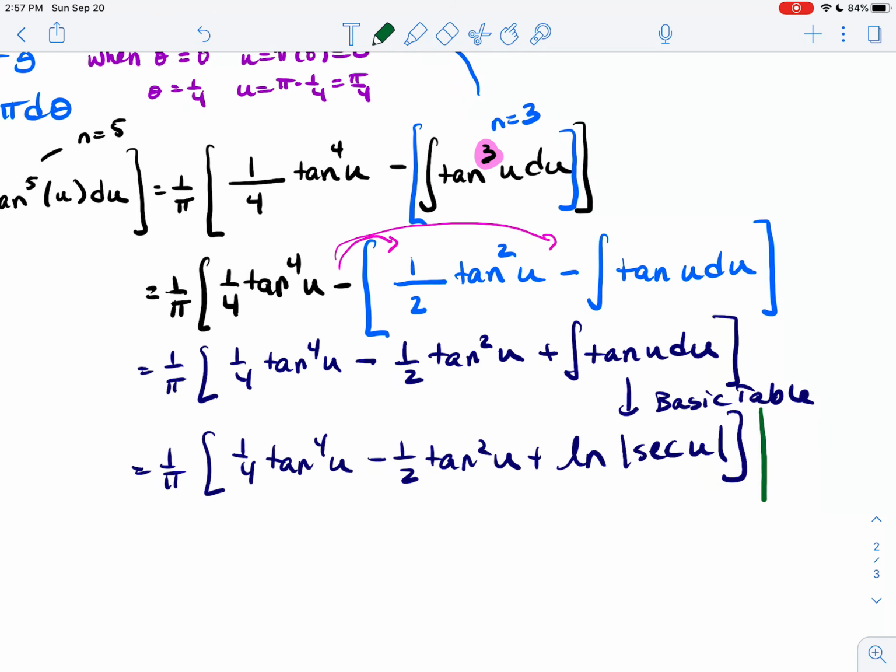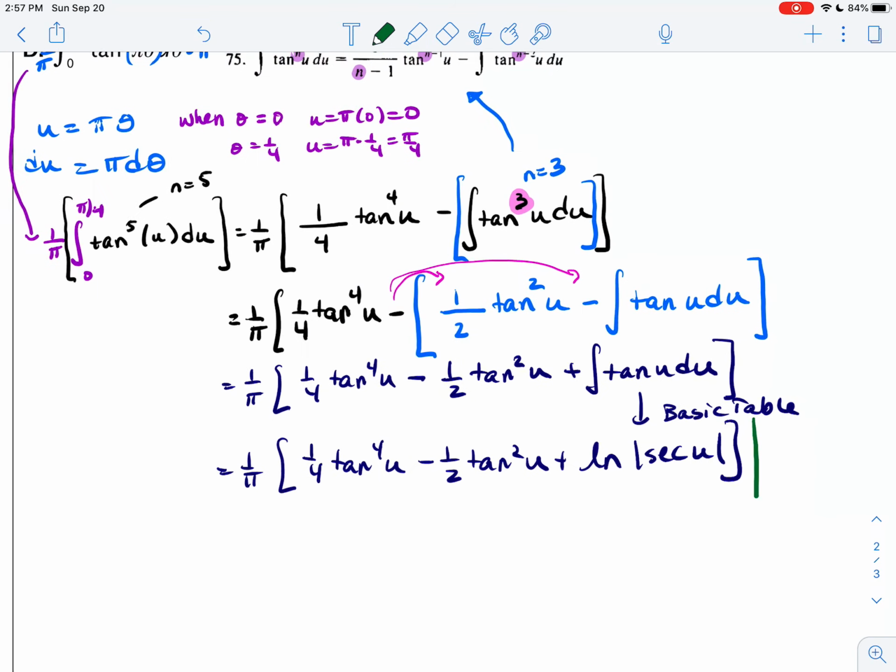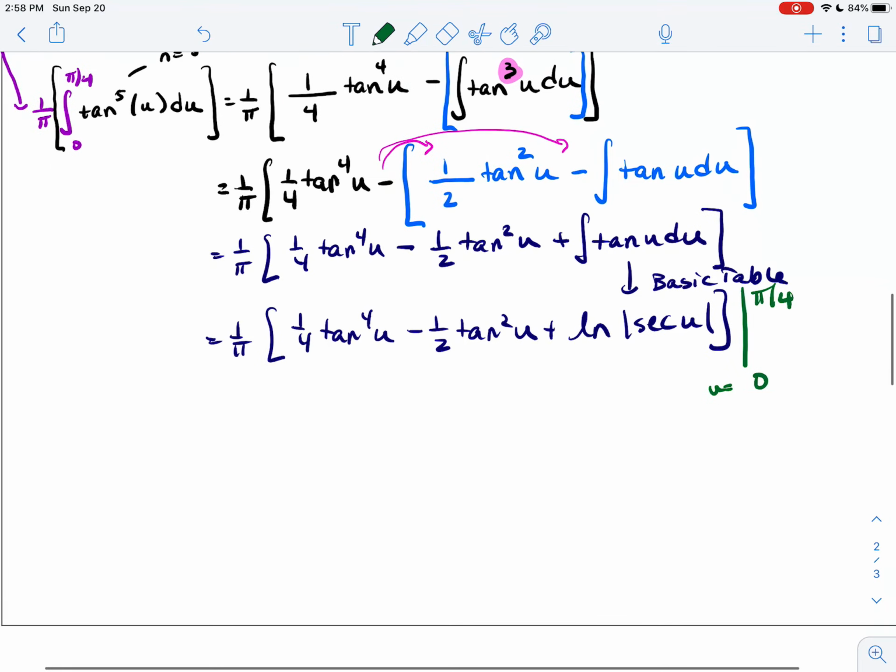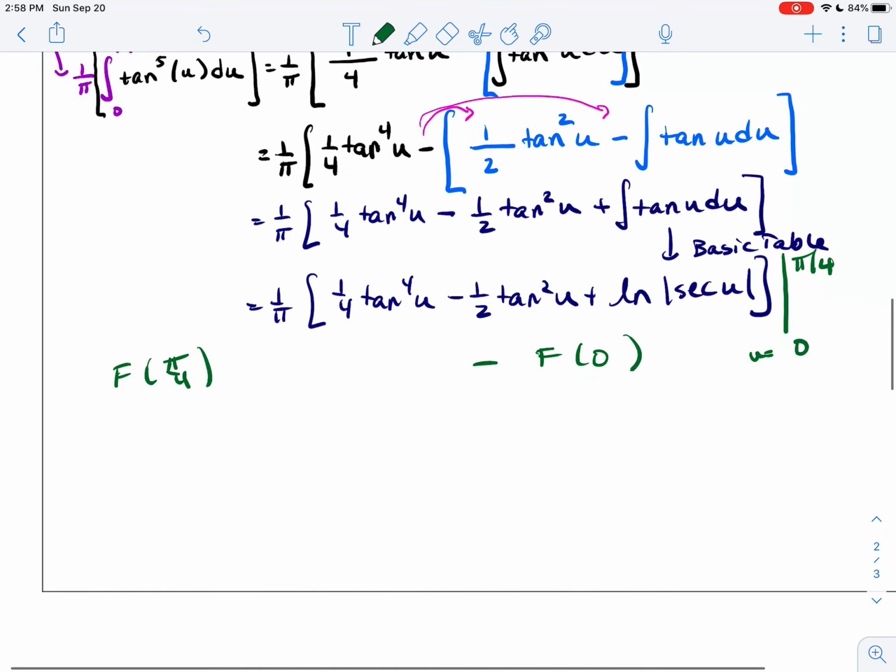Good. And now we get to evaluate using our fundamental theorem of calculus. We don't need to back substitute for u because we changed our limits of integration to be in terms of u. And so we can do our f of pi over 4, take away our f of 0. Remember that tangent of pi over 4 is equal to 1, and tangent of 0 is equal to 0.